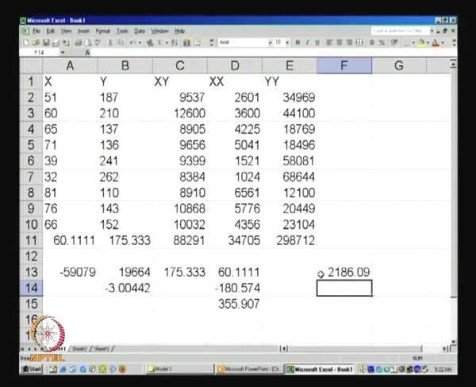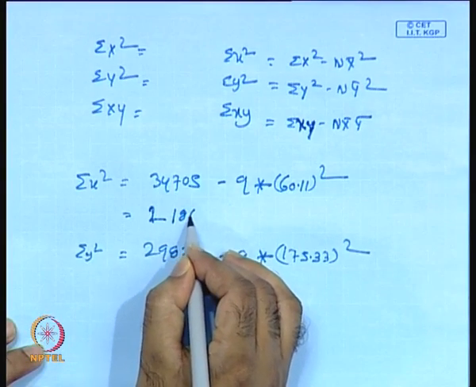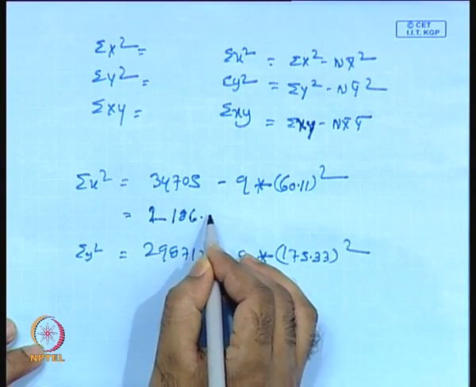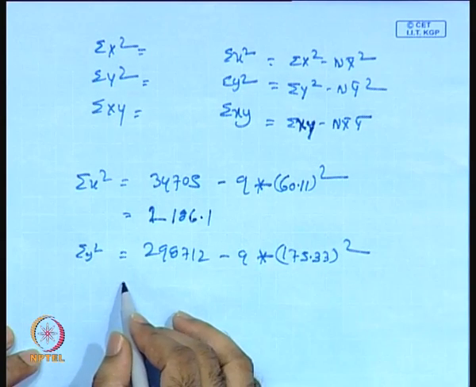This will come to 186.1. So this is what we have received: summation x square is 186.1.